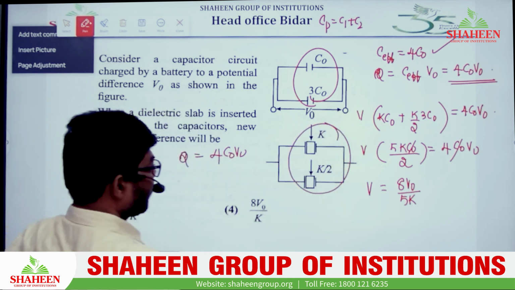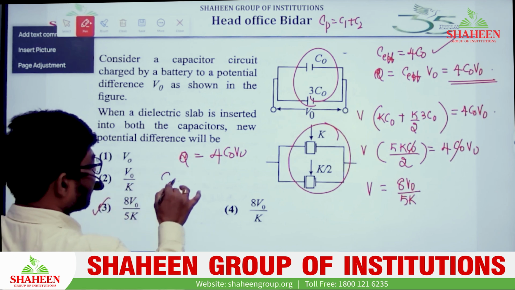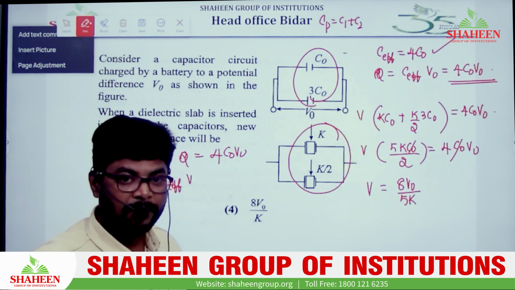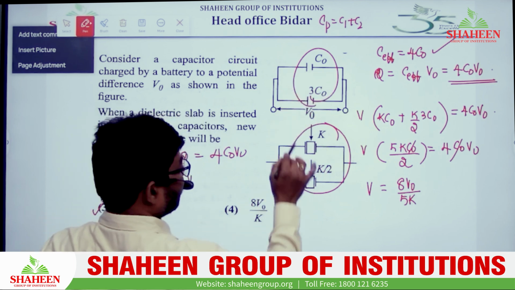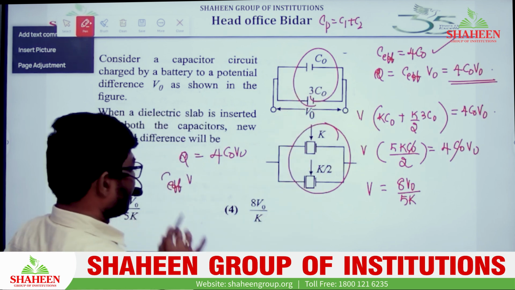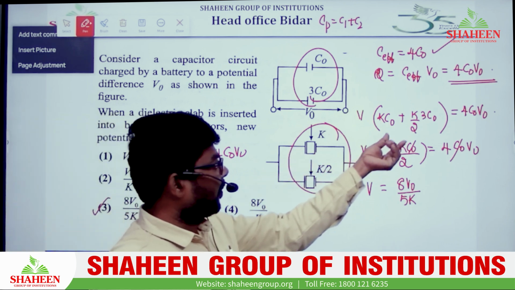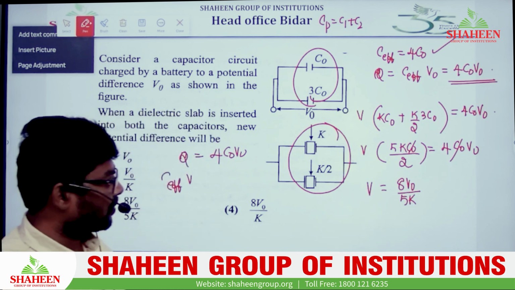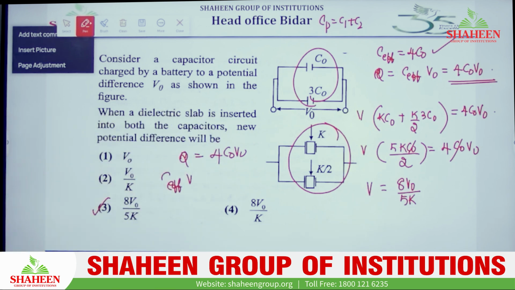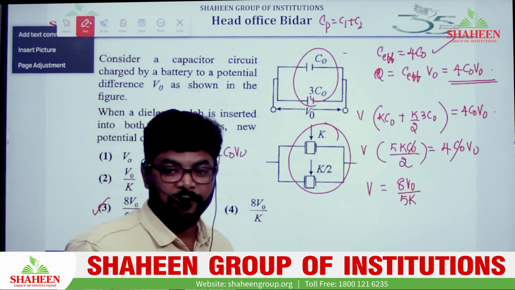This one also, Q is equal to C effective into the new potential. C effective is K times C naught plus K by 2 times 3 C naught. Adding both in parallel combination, C1 plus C2, we get the new potential 8 V naught by 5K.